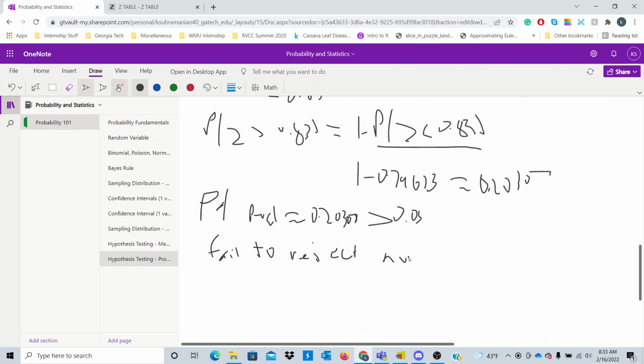So we fail to reject the null hypothesis for now. Unless we get a sample with a very drastic difference between the sample proportion and our null hypothesis expectation, we really don't have much evidence to conclude in favor of the alternative. And that's because this p-value of 0.20307 is above 0.05, so we don't have enough evidence.